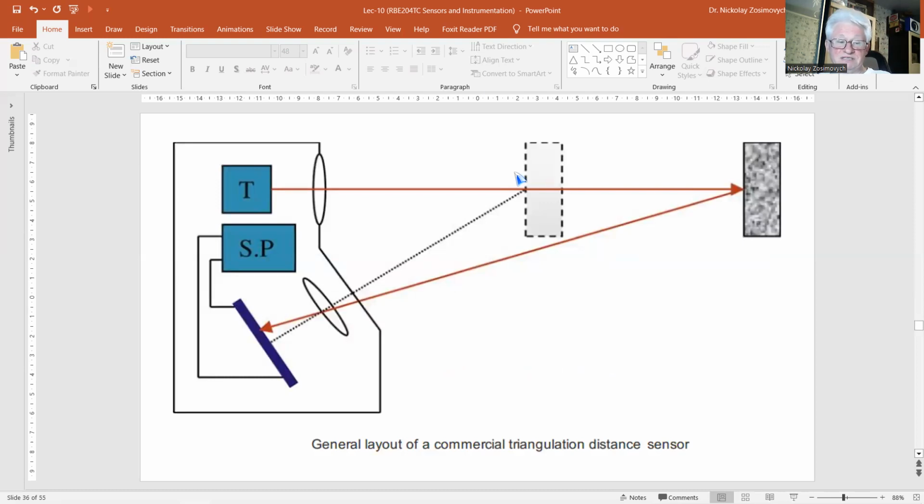Commercial triangulation systems are available in a compact housing that includes a laser, one or two PSDs, optical components, and interface electronics to generate an output independent of the intensity, according to this.